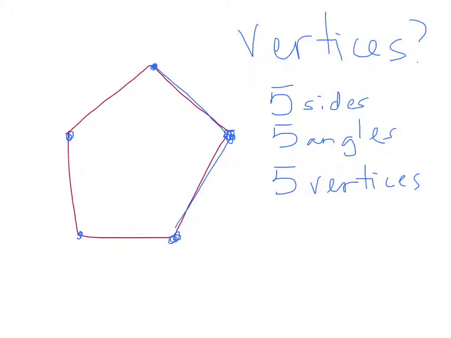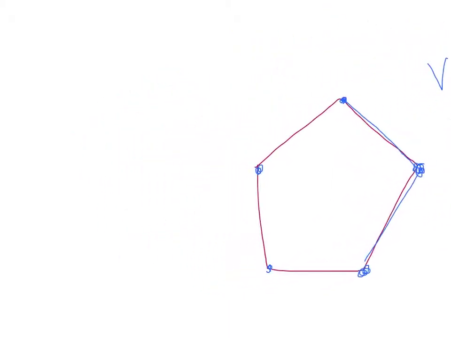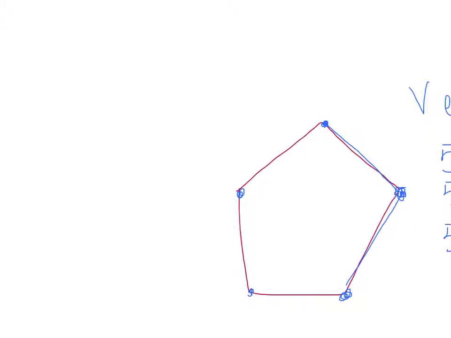Usually with each of these polygons, in our math work, the vertices actually have names. They're labeled with letters like L, M, N, O, and P. So if I look at the vertice of P, I'm looking at this spot right there.